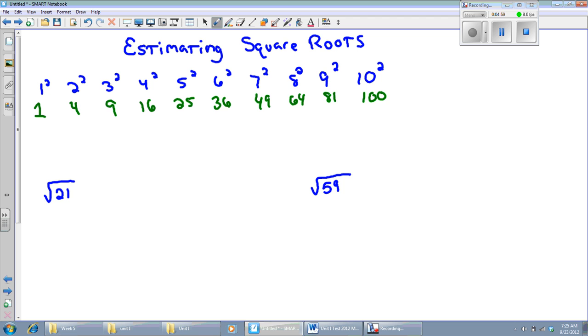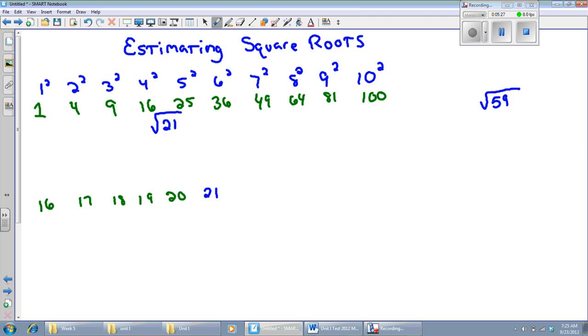Now, why do I do this? Because I need to figure out the square root of 21. And I look, the square root of 21, which two green numbers would it fit between? Oh, right there, it would fit between 16 and 25. So I'm going to give myself a little room here, and I'm going to put 16, and then 17, 18, 19, 20, and then 21, because that's the problem I'm doing, and then 22, 23, 24, and 25.